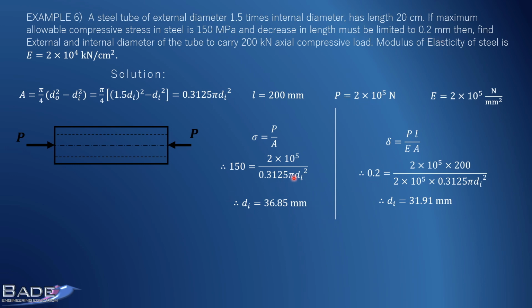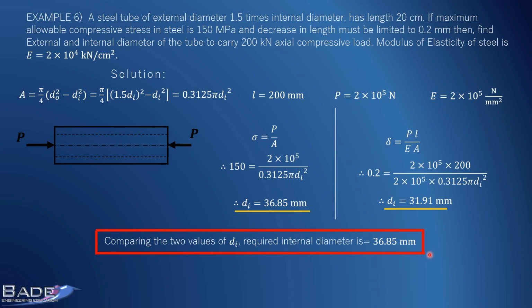So this is accepted value of internal diameter. So comparing the two values, the required internal diameter is 36.85 millimeters. So outer diameter is 55.28 millimeters.